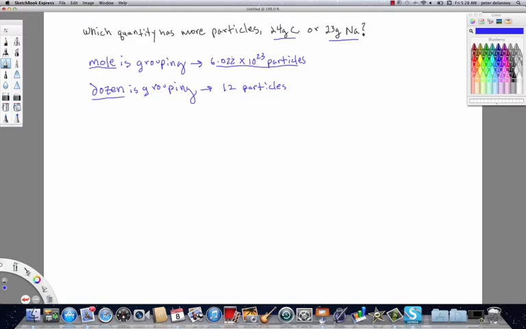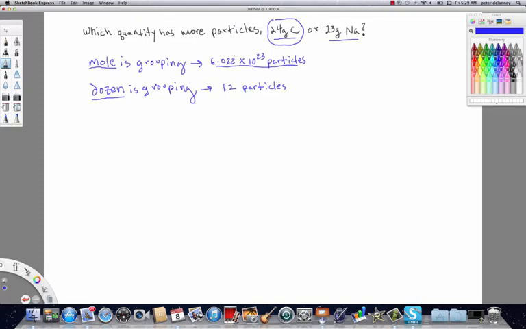The mole grouping is a really huge number, but it has to be, because atoms and molecules are very small particles, and very small amounts of them have huge numbers of particles in them.